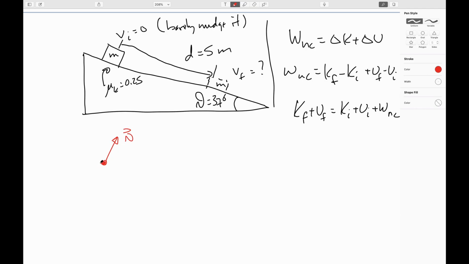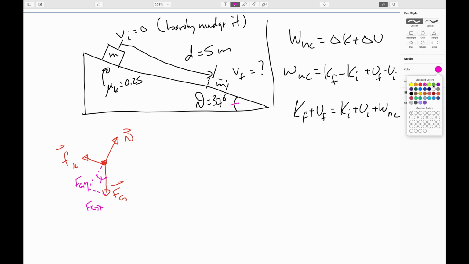So we'll have a normal force and a force of kinetic friction and a force of gravity, like so. And again, following the second law of inclined planes, this angle here is that angle there. So we can say that this is FGY and FGX as we go ahead and follow the first rule of inclined planes and tilt our coordinate system.